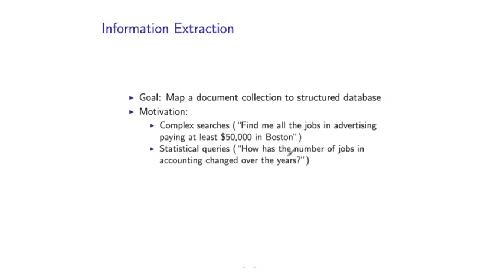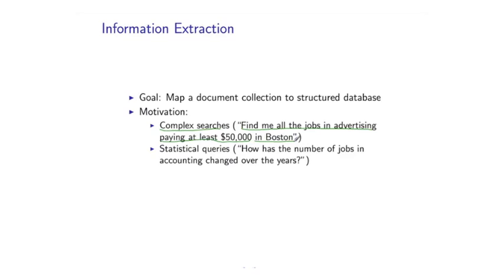So there's some clear motivation for this particular problem, information extraction. Once we've performed this step, we can, for example, perform complex searches. Say I want to find all jobs in the advertising sector, paying at least a certain salary in a particular location. This would be a search that is very difficult to formulate using a regular search engine.